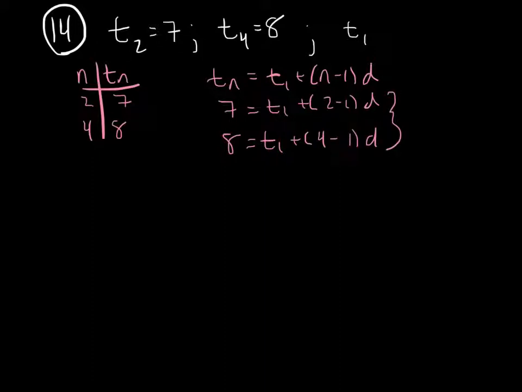That's a system of equations. Actually, that's 7 is equal to t sub 1 plus d, and 8 is equal to t sub 1 plus 3d. Since we're trying to solve for t sub 1, I will make this a little bit different.